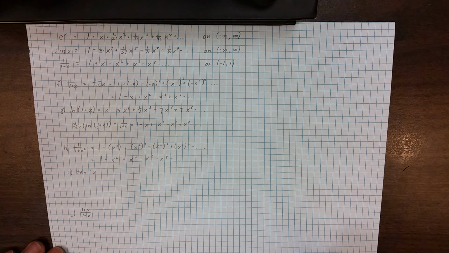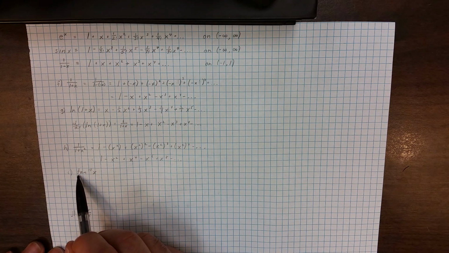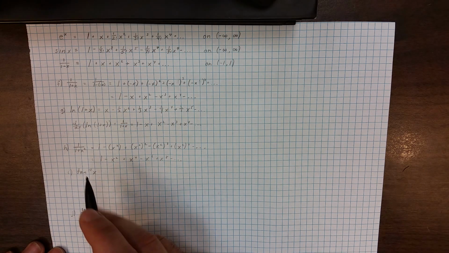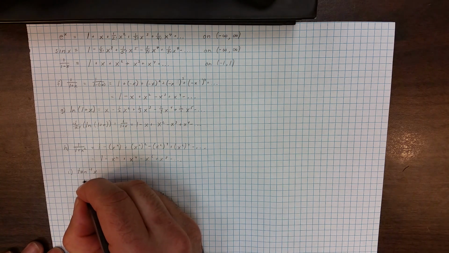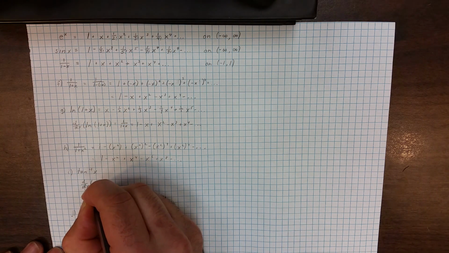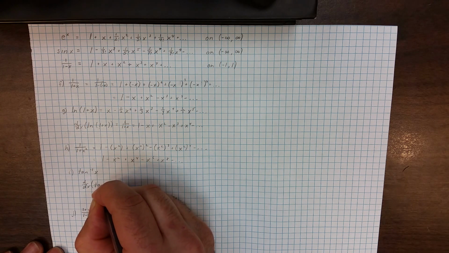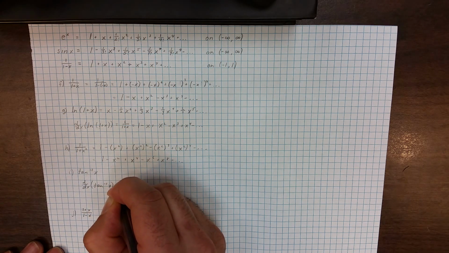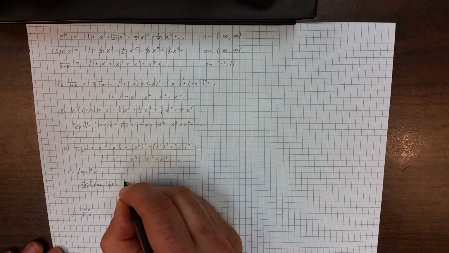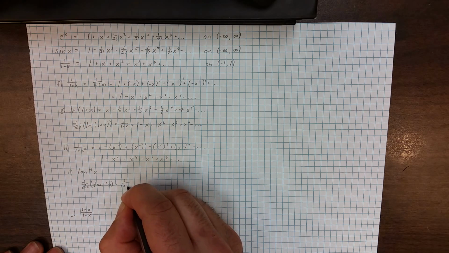Now we'll take a look at the expansion of arctangent of x. We'll recall that the derivative of arctan of x is equal to 1 over 1 plus x squared.